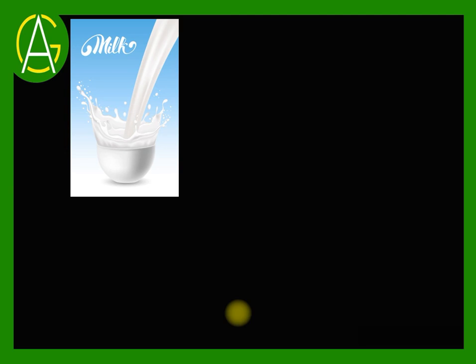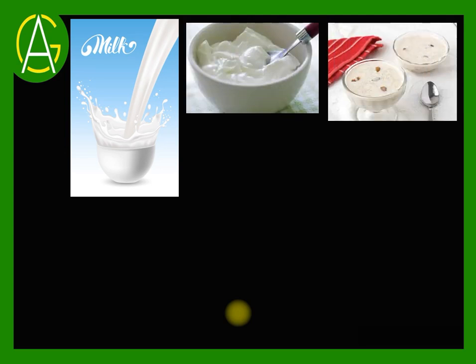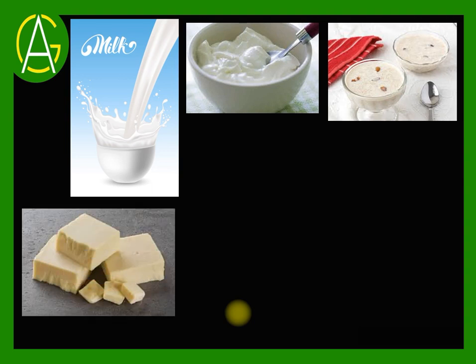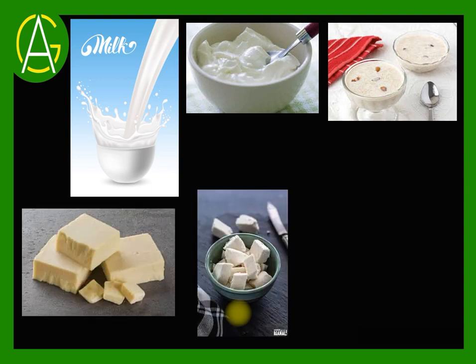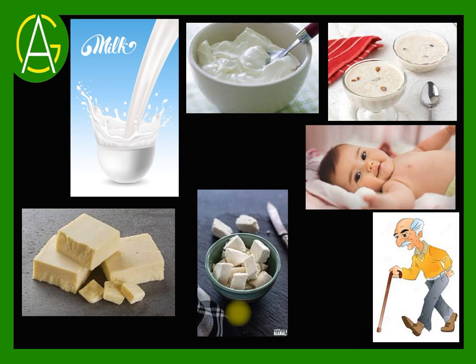If the price of milk is reduced, we will be using milk for multiple purposes. For example, we'll use milk for making curd, kheer, cheese, paneer, we'll use it for feeding the baby, we'll use it for feeding the old age people. For all these purposes we are going to use milk because it is available at a cheap rate. So the demand for milk will increase when it is available at a cheaper rate.